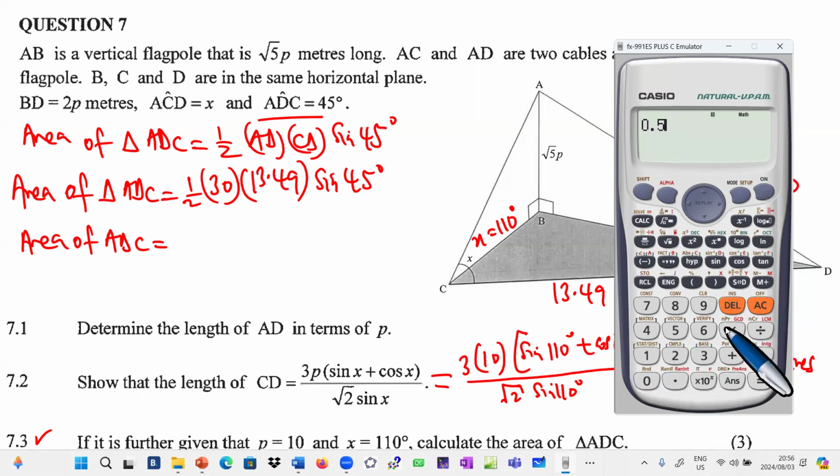So we have 0.5 times 30 times 13.49 times the sine of 45 degrees. So the area, therefore, can be seen as exactly the following, which is 143.08.